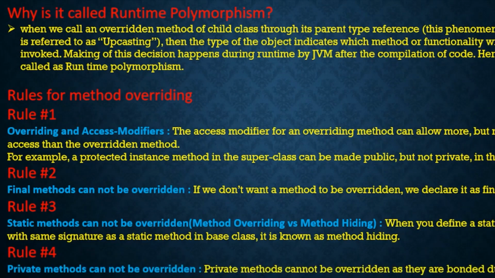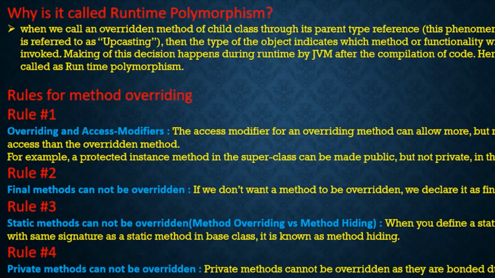Then rule 4 is that a private method cannot be overridden. Whenever you write a method as private, you are restricting the access.